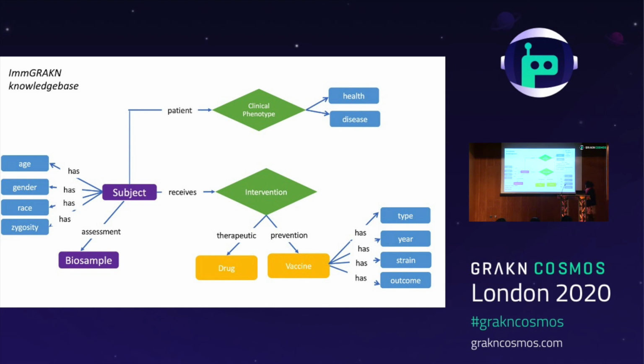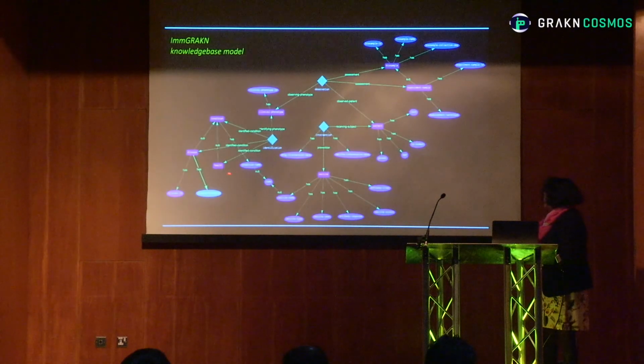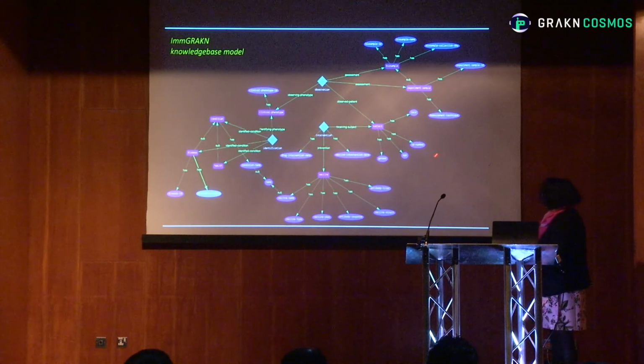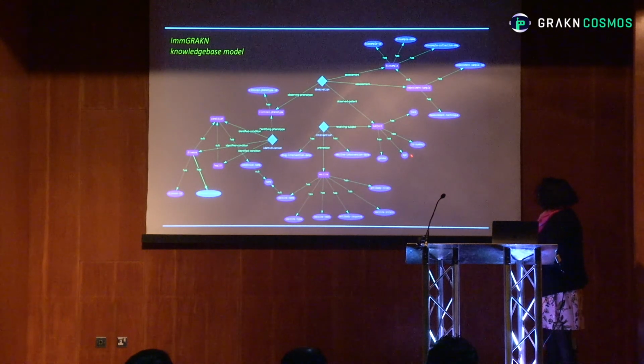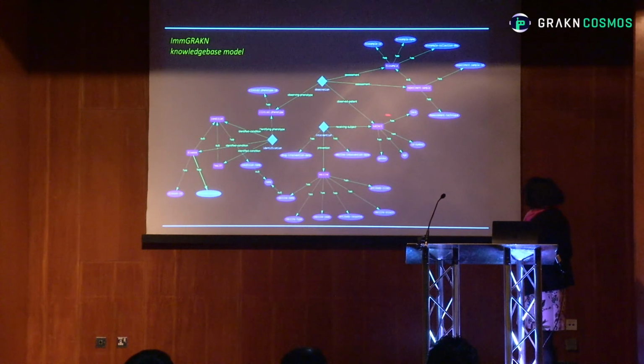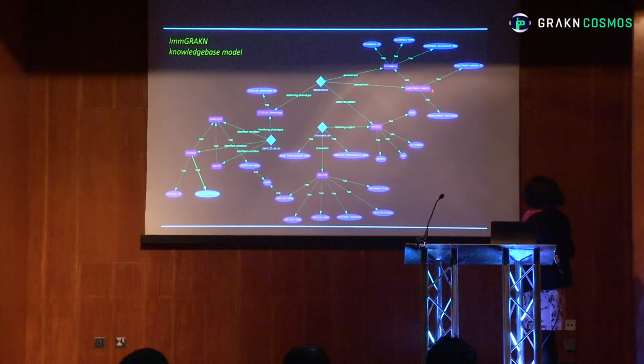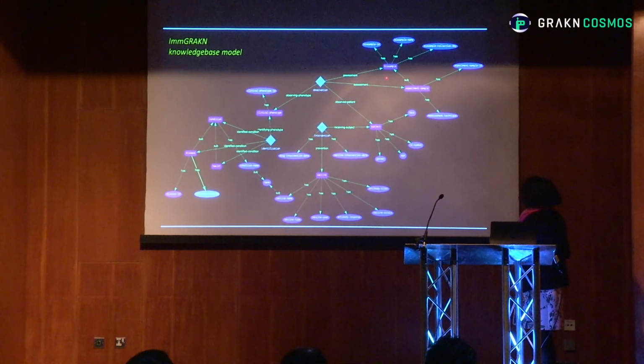So how are we putting all this together in the schema, and then we start querying the data. I am right now at a stage where I'm trying to build the Grakn knowledge base model that I described earlier. So I started building the schema here, where the subject starts, and then the attributes, the biosamples that are collected from these subjects.